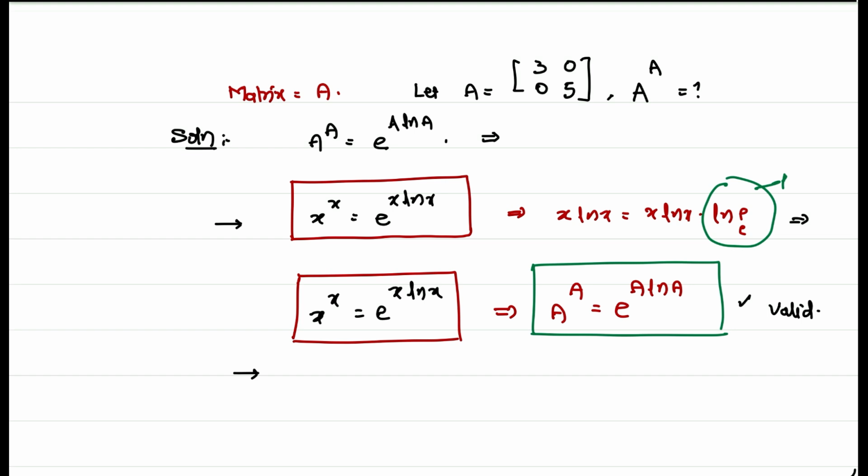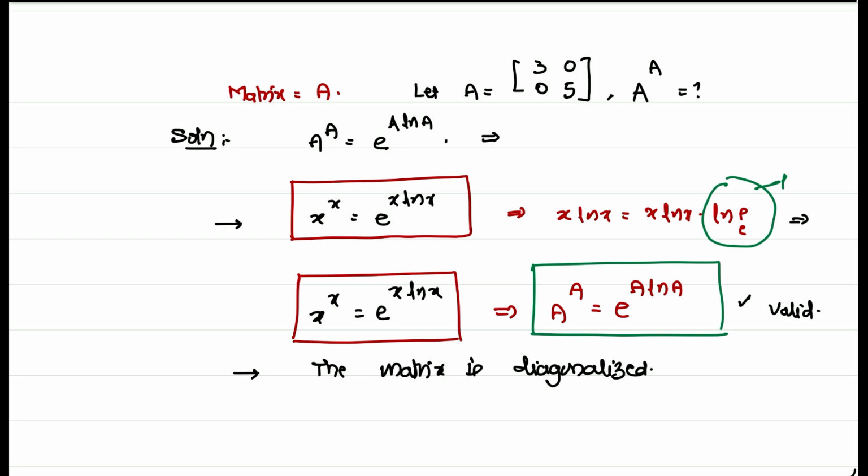One is that the matrix A is diagonalizable. That means it can be diagonalized.